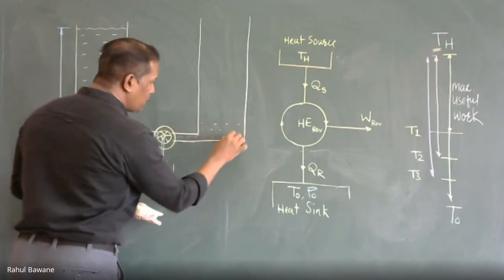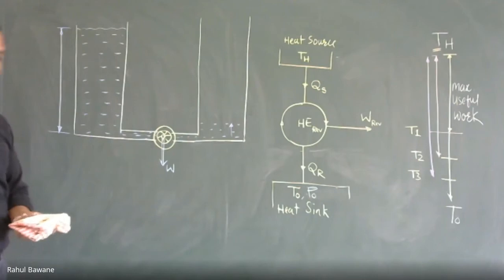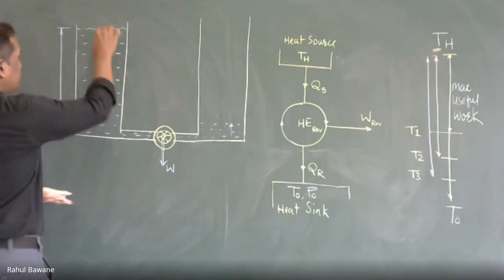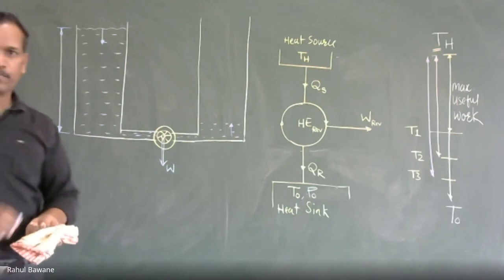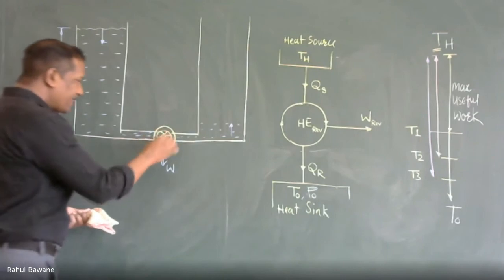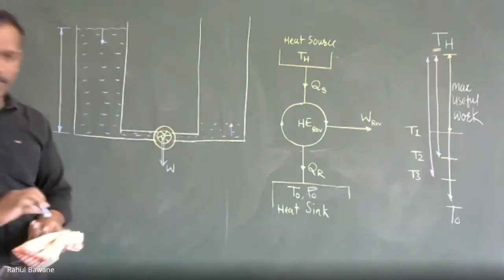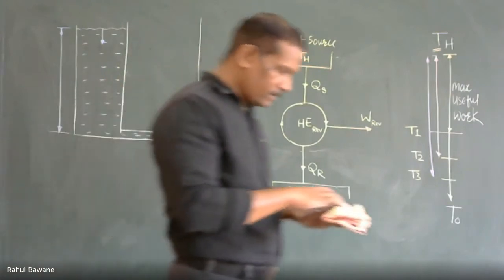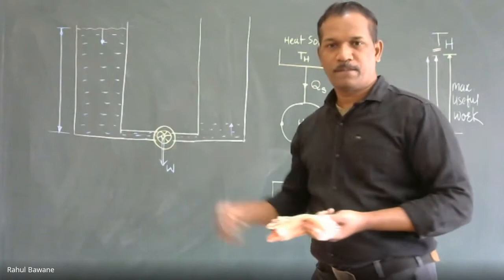Here the water level will rise, and here the water level will drop. And we are getting continuous rotation of this wheel, that means output. Now the question is, when is your turbine going to stop?